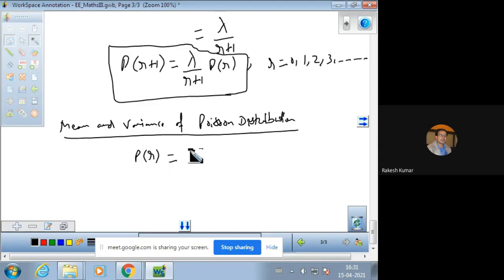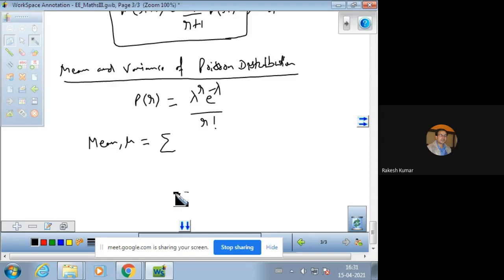The Poisson distribution is P of r, that is lambda raised to power r, e raised to power minus lambda, upon r factorial, as we all know. And you can find out the mean. Mean is denoted by mu here.